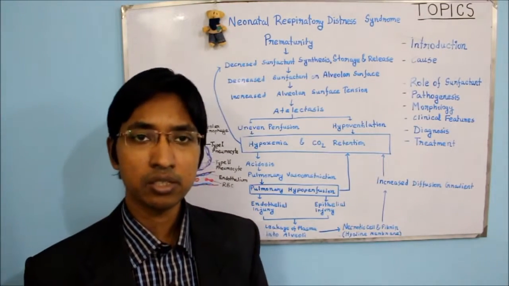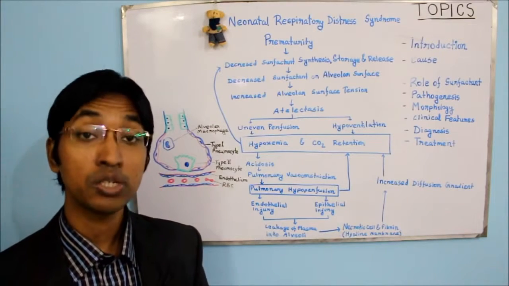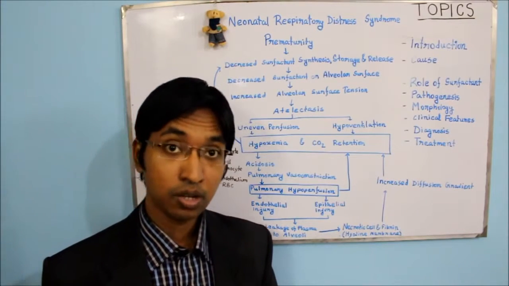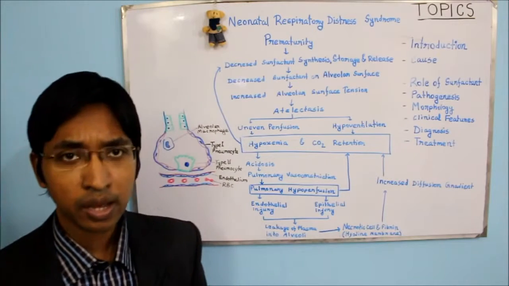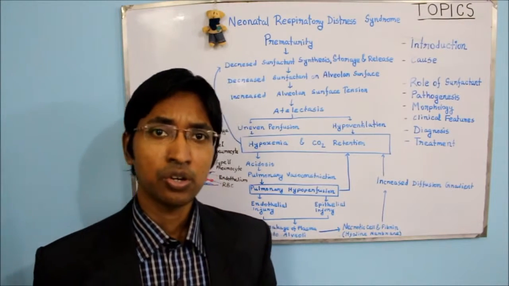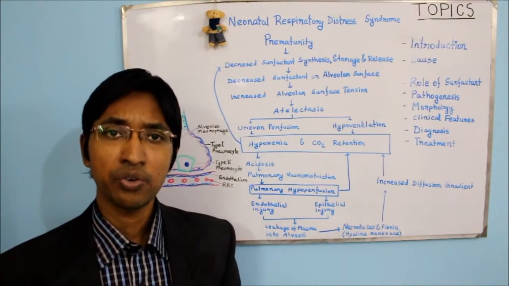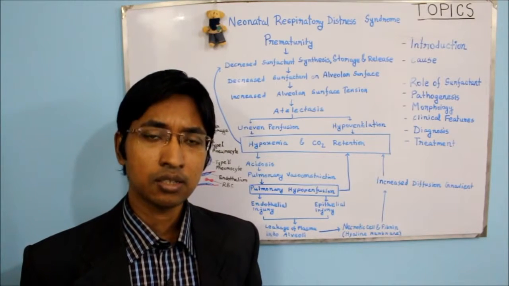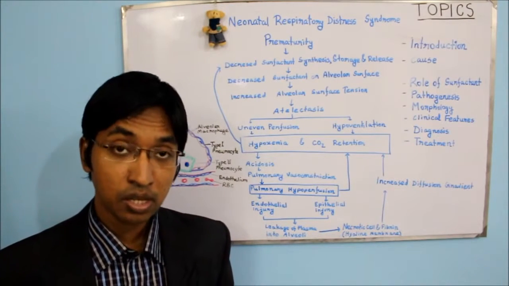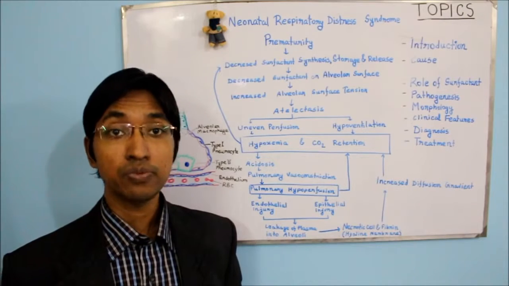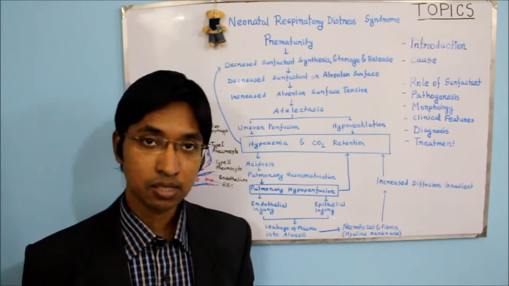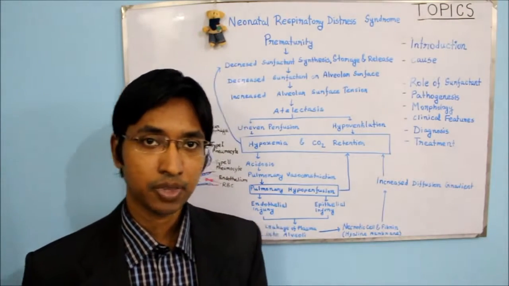Now, regarding the chest radiograph, what will we see there? In the chest X-ray, we will have uniform reticulogranular densities and ground glass appearance, and also there will be features of atelectasis or collapse of the lungs.